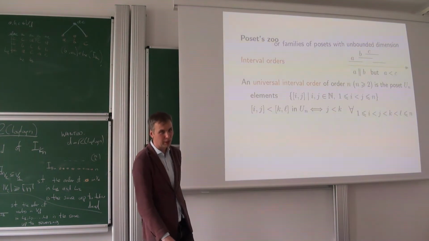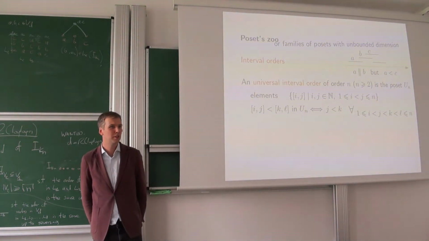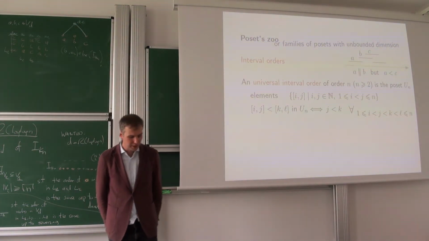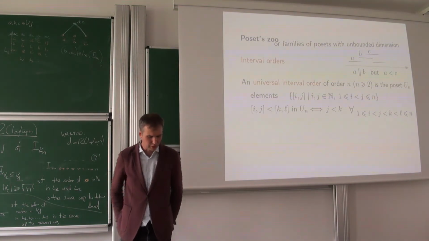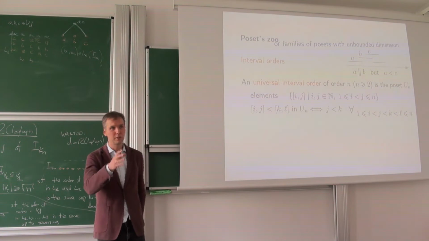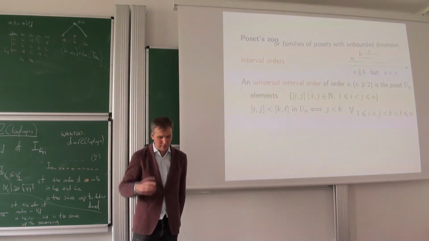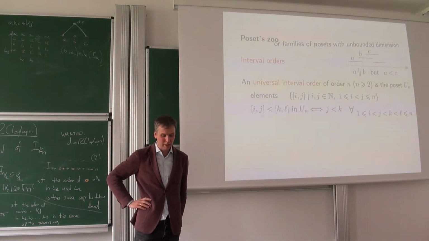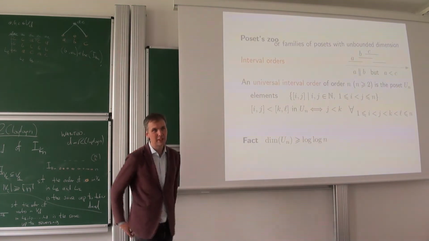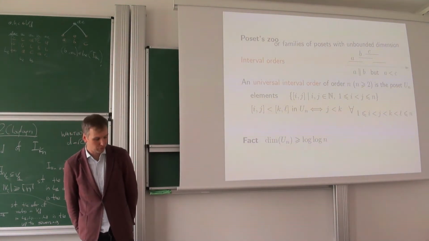Now I want to have a canonical thing to tell you that dimension goes up. This is what we call a universal interval order. You consider all the natural coordinates from 1 to n, and you take all intervals with endpoints within these coordinates, and that's the poset. The fact is that dimension goes up again like log log n.